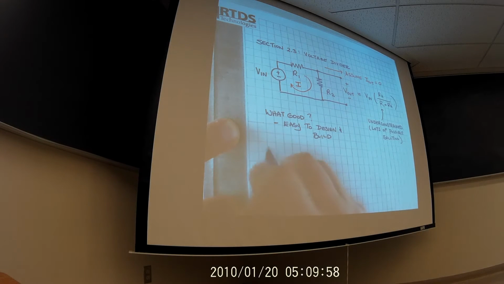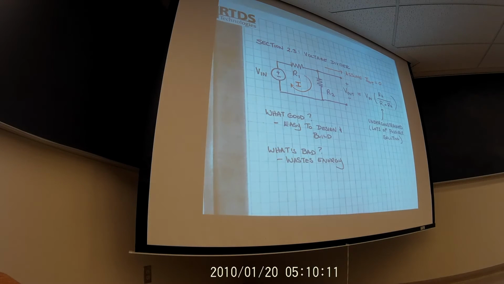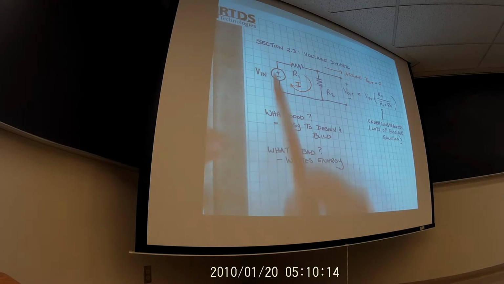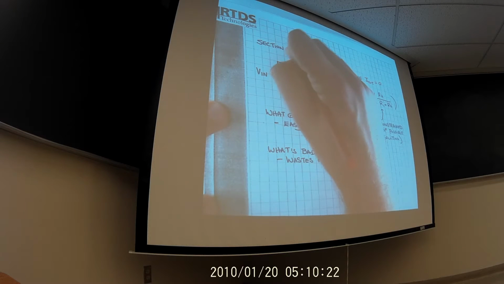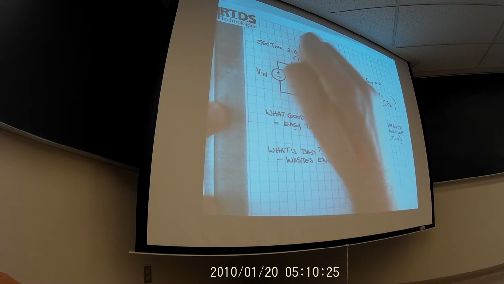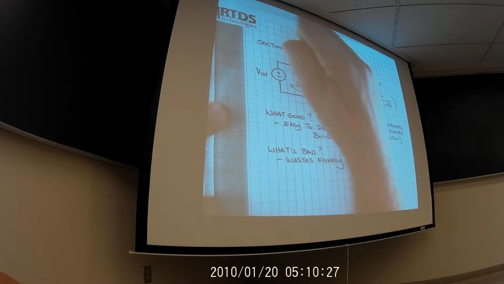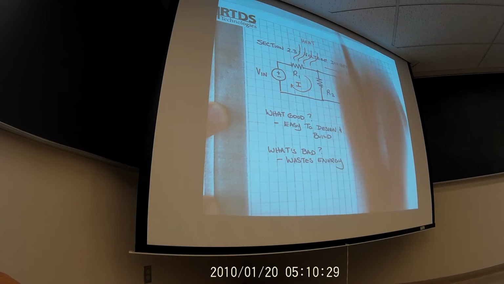But what's bad is that it wastes a lot of energy. Because how this thing really works is if you're trying to get an attenuation by 1/4 or by 3/4, meaning that 1/4 of the voltage is left over, 3/4 proportionally of that energy is going to be emitted off as heat.